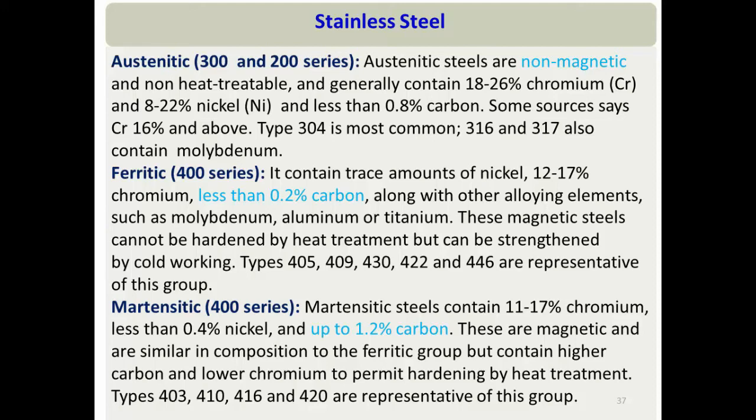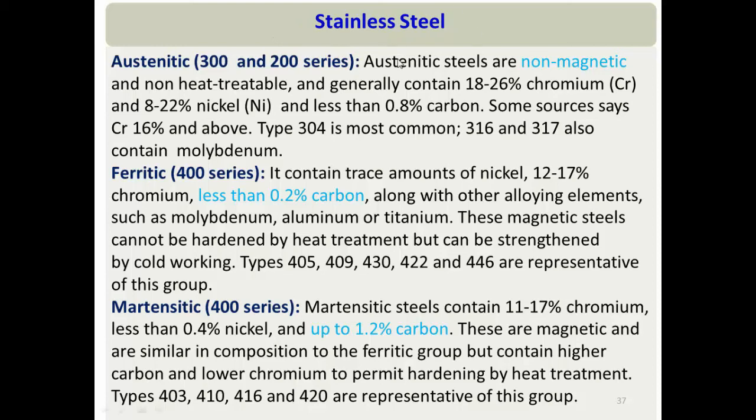To make the austenite phase stable at room temperature, they mix in other alloying elements, which are austenite phase stabilizers. One such alloying element is nickel. If you add nickel above 8%, then the austenite phase will be stable, and it will be able to remain at lower temperature also.